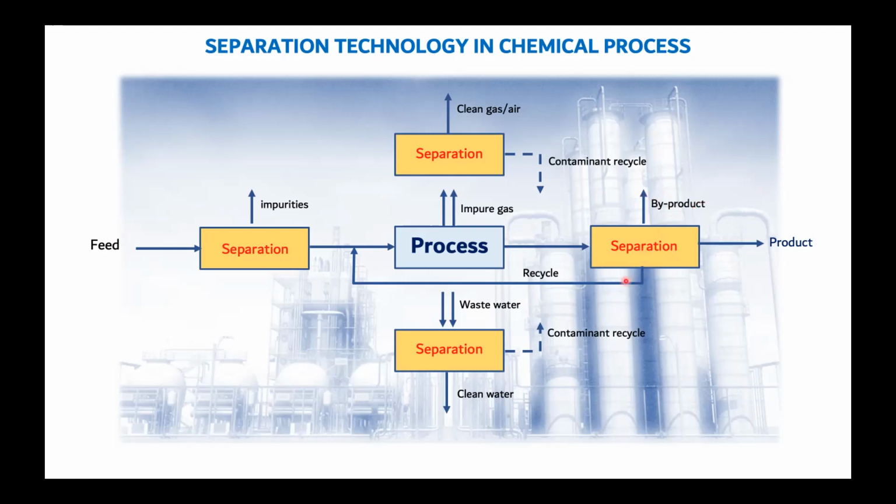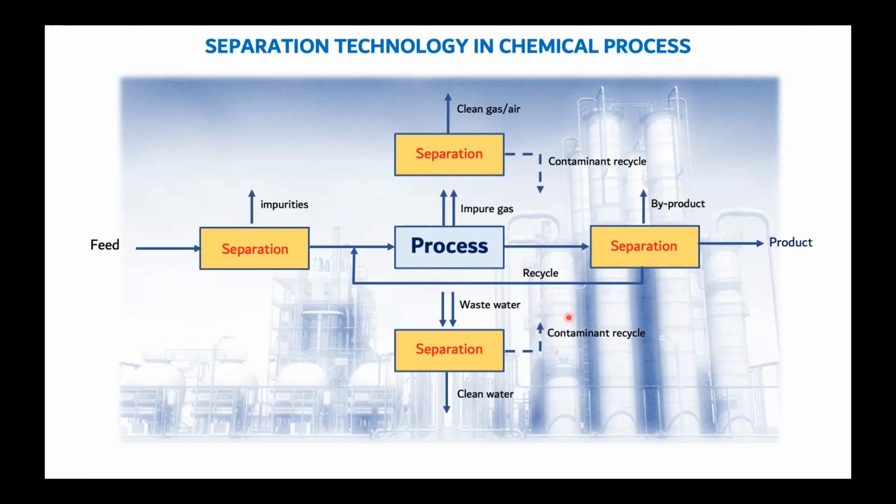Then the remaining reactant can be recycled back into the process, or if it contains wastewater, we can separate it, and of course we need to treat it first before it can be released into the environment, while the contaminant needs to be recycled back. Or maybe we have to contain it and release it in a safe way.